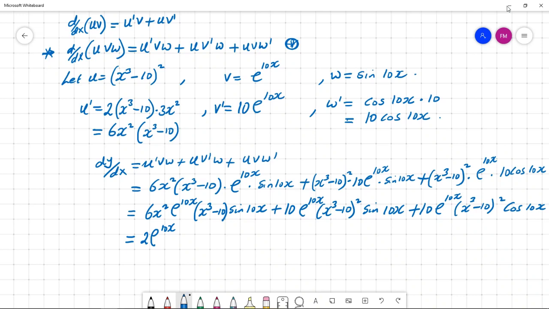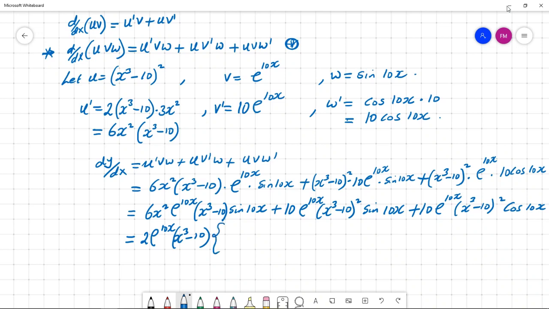What else is common? Sine, cosine, no. Then x cubed minus 10 is also common on the 3 terms. So I will have here x cubed minus 10. So I think that is what is common among the 3 terms.